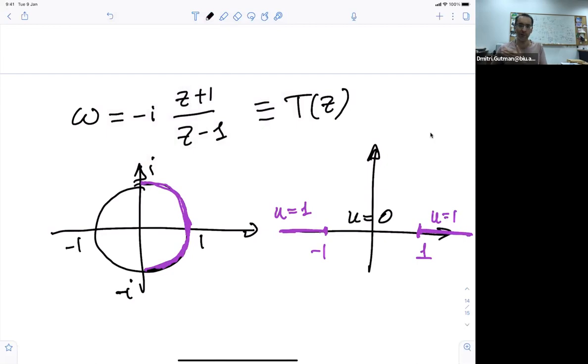So now how are we going to solve this problem? We send it to the problem on the plane where the boundary conditions are on the straight line. We already know how to solve a problem with the boundary condition on the straight line. We find the solution on the W plane. So this is the Z plane, this is the W plane.